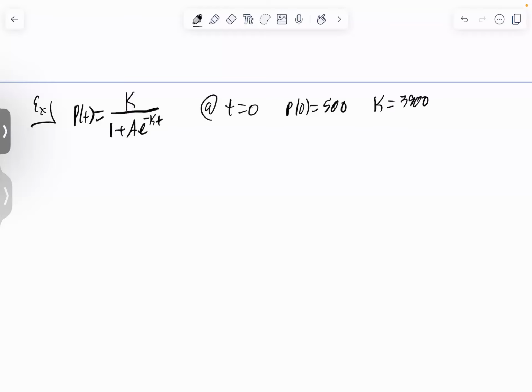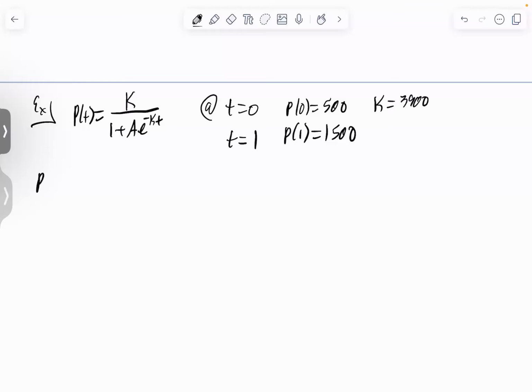And it says the number of fish tripled in the first year. So this means P of 1 is 3 times 500, which is 1,500. This is at t equals 1. So we are going to use our two initial conditions here to figure out what a and lowercase k are, which is part of the exponent.